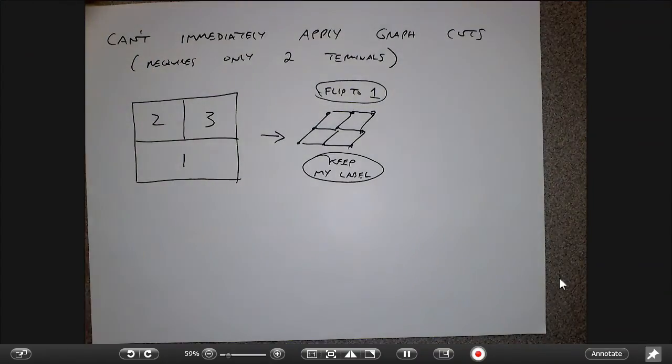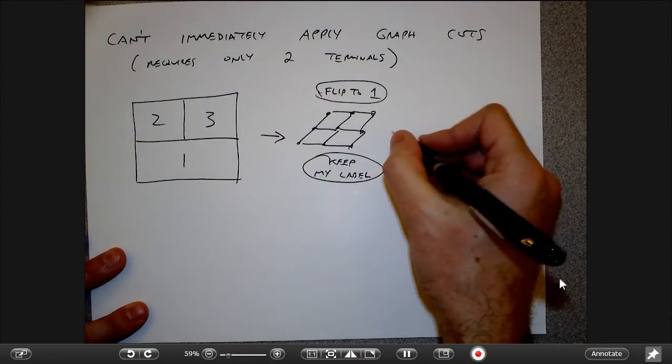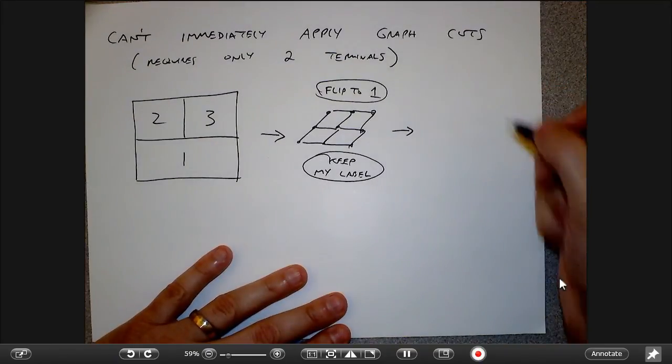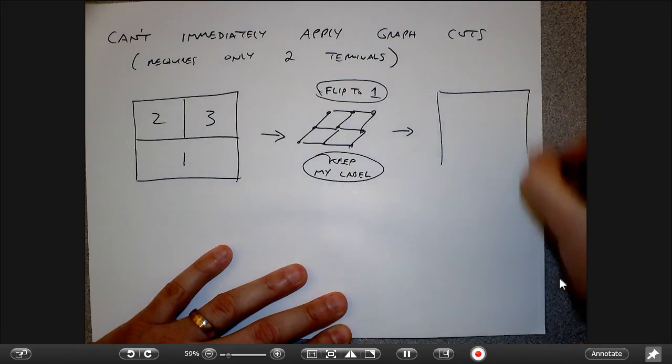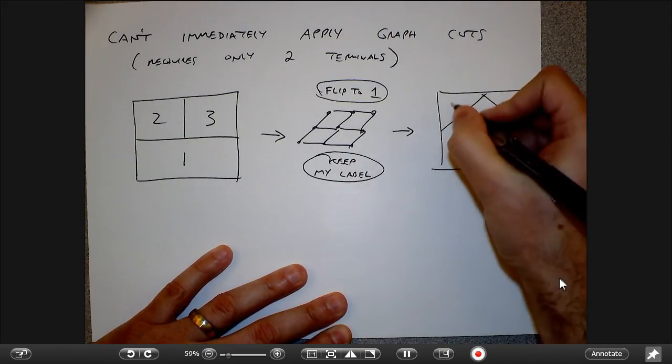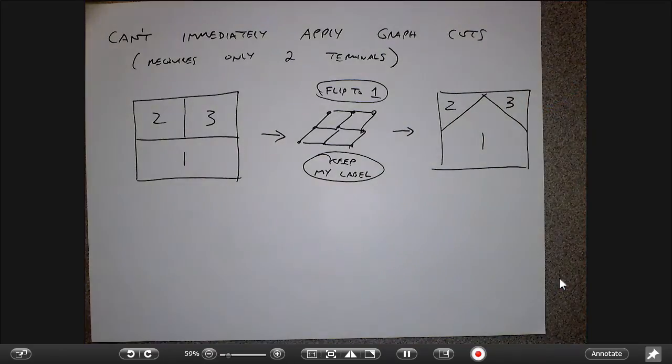And that way the only thing that can happen at this stage is that some of the pixels that were not labeled 1 before might be able to flip to 1, right? So maybe at the end of this, I might get something that looks like this. So the 1 region has expanded into what used to be labeled as something else.